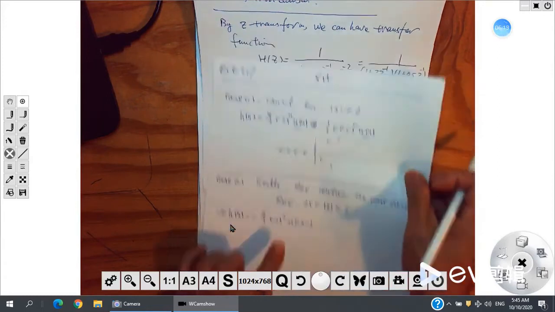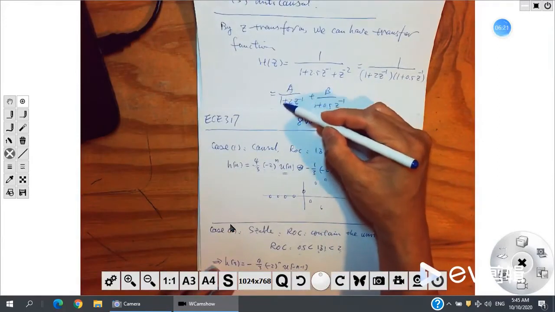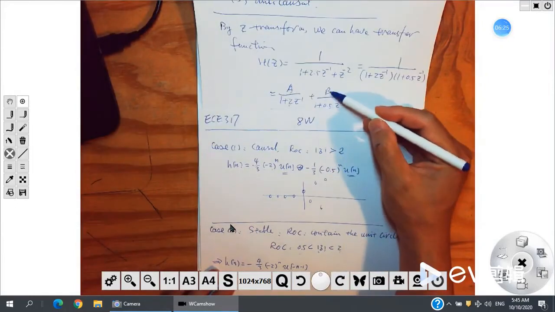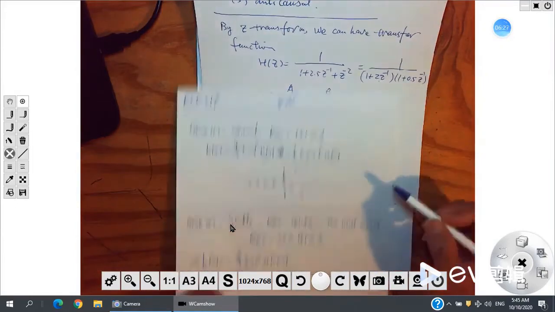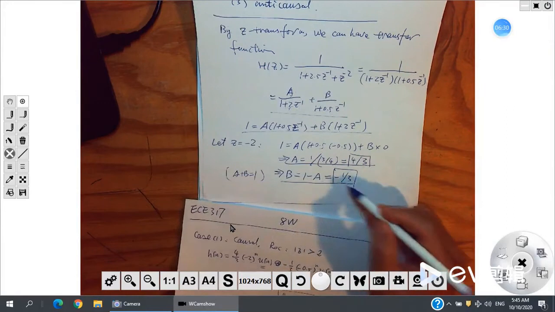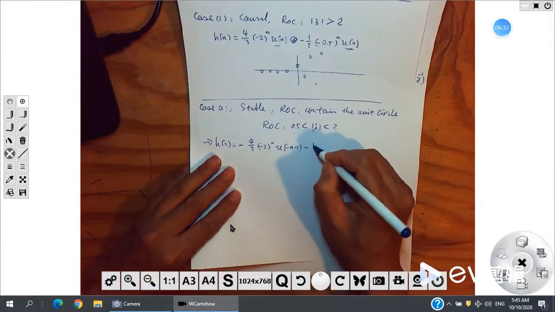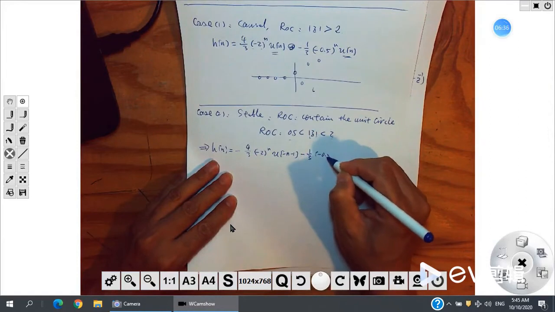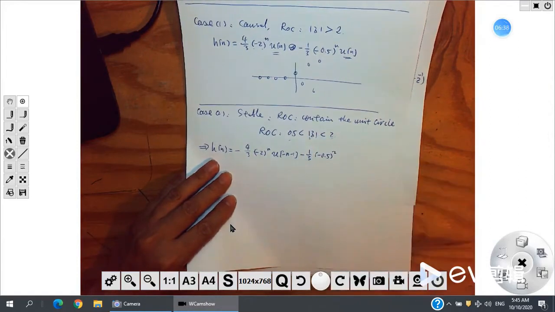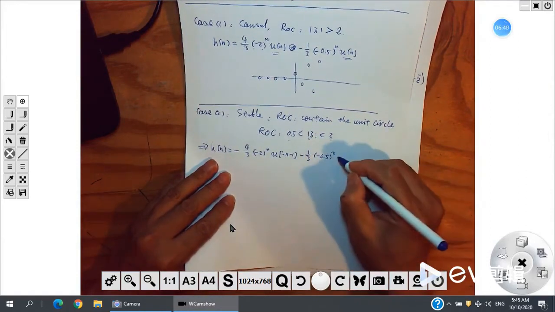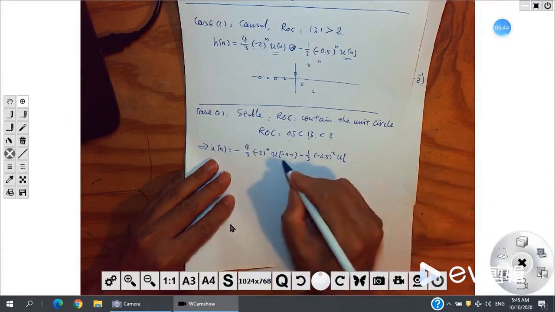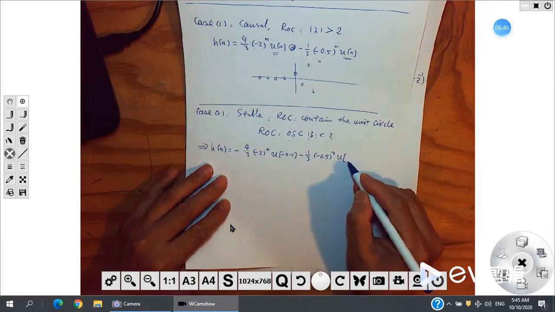First term is related with this A over 1 plus 2z to negative 1. And second term is B. B coefficient is negative 1/3. And the pole is negative 0.5 to the n. Okay, then here do we have u of n or u of negative n minus 1? Which one?